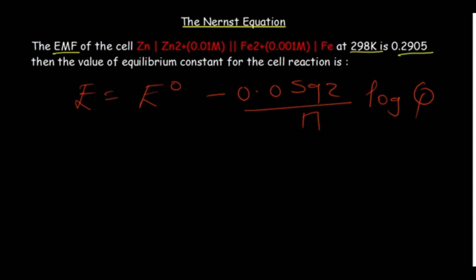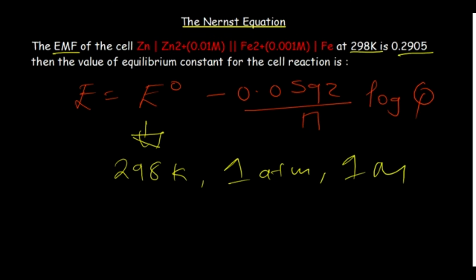So we've been given the EMF. Also, is it standard or non-standard? Looking at the conditions, for us to have a standard cell potential, the conditions are 298 kelvins, 1 atm, and what? And 1 molar concentrations of the reactants and the products.